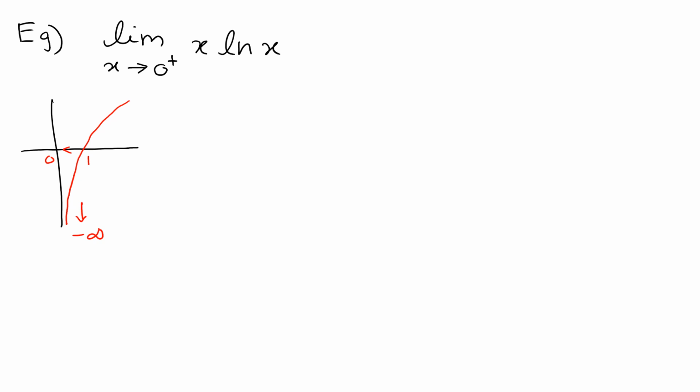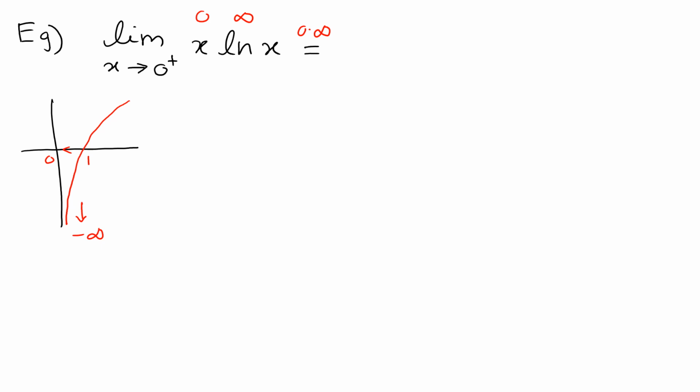So this problem is a 0 times infinity problem. That means we don't know exactly what's going to happen. According to the theory, we always write it above the equal sign, the condition of what we're trying to do here.